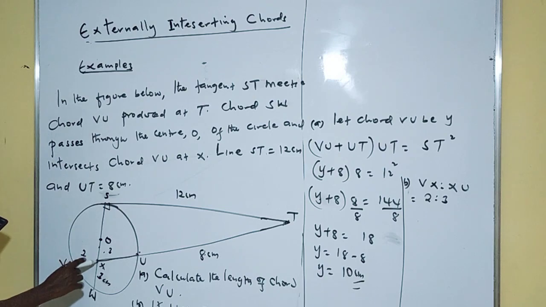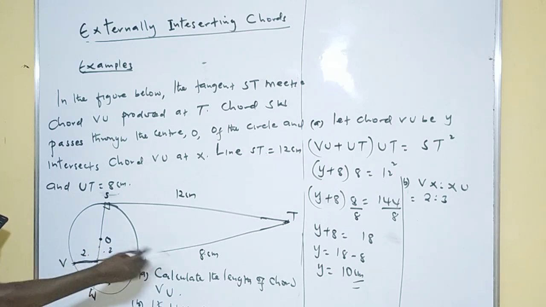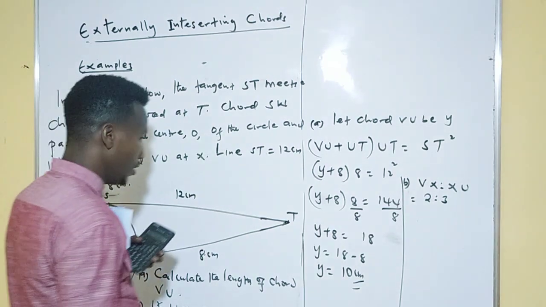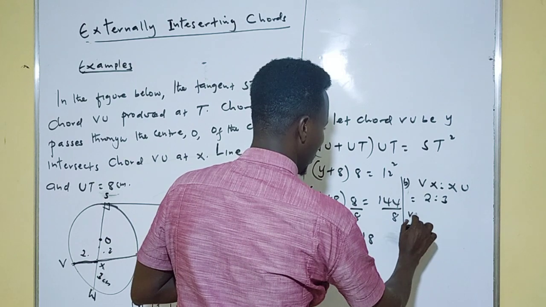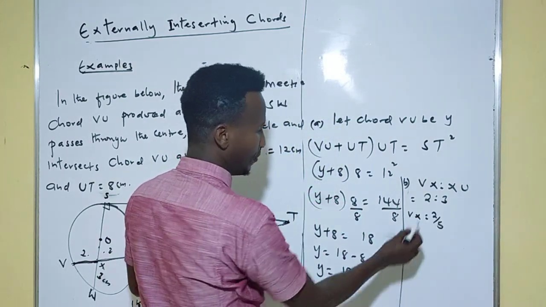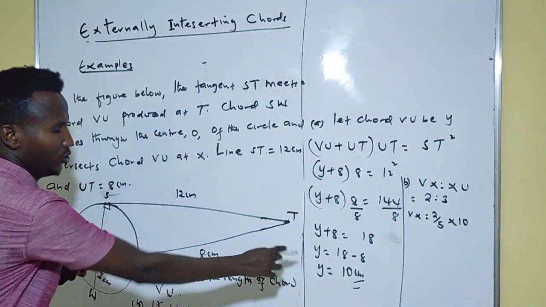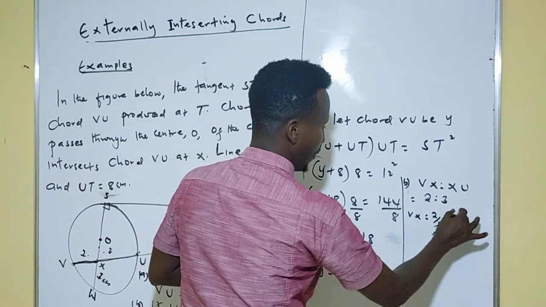So to get this magnitude, you're going to say 2 over the total, multiplied by 10, which is the whole line. So VX will be 2 out of 5. Why am I getting this 5? Add these 2 and 3. Times 10, which is the whole line.